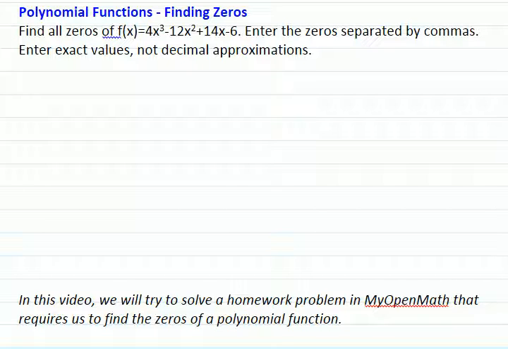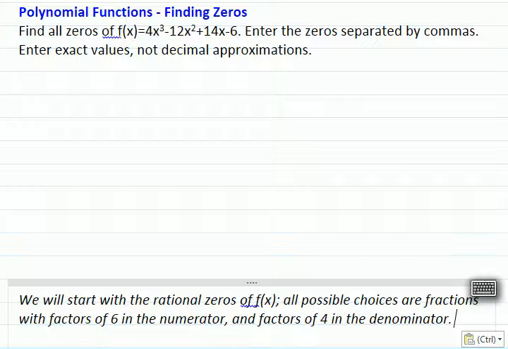In this video, we will try to solve a homework problem in MyOpenMath that requires us to find the zeros of a polynomial function. We will start with the rational zeros of f of x.